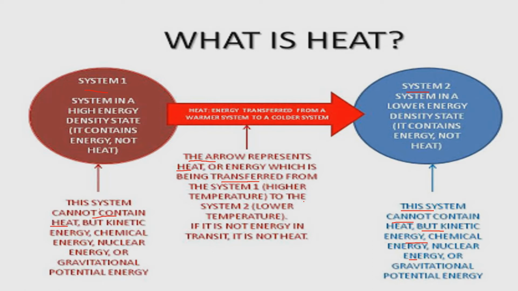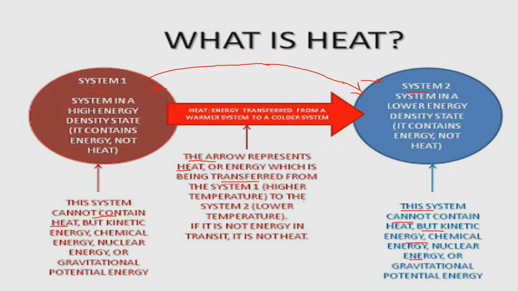The energy stored in system 1 in the form of potential and kinetic energy, and the energy gained by system 2, will also be stored in the form of kinetic energy and potential energy. So if you want to understand chemistry, you need to know this part.